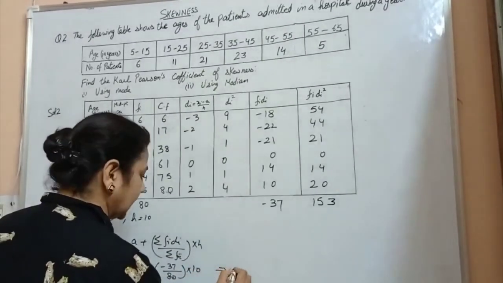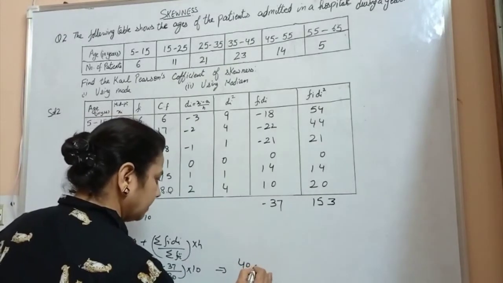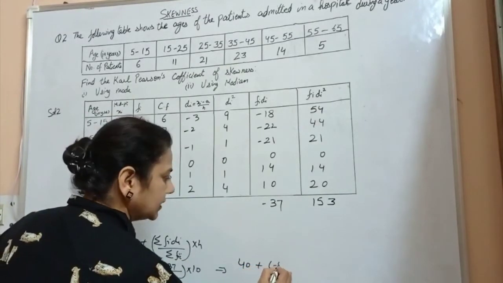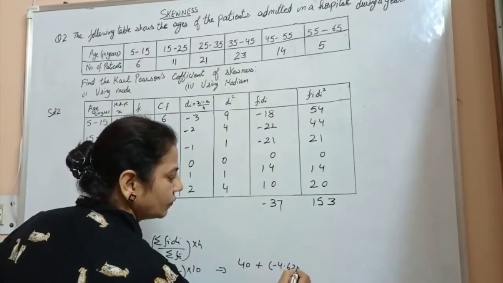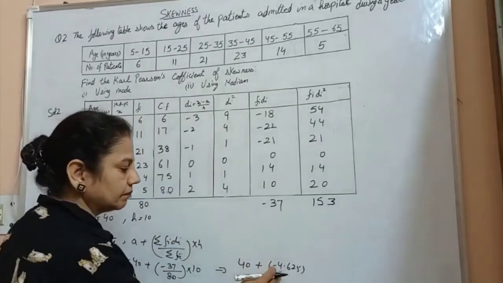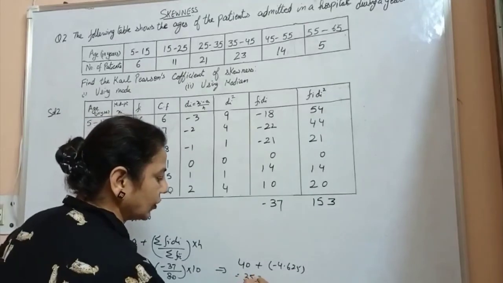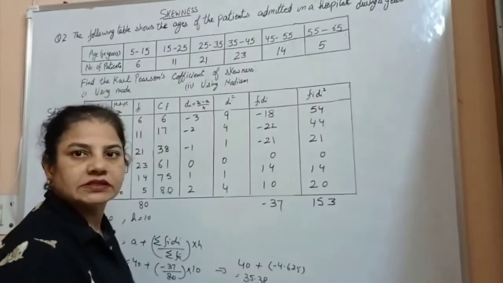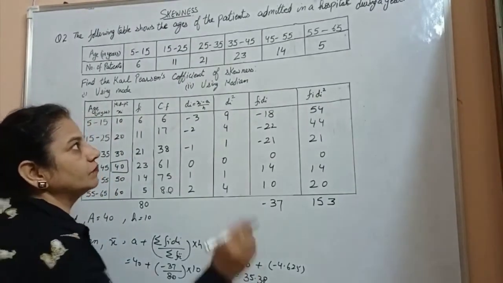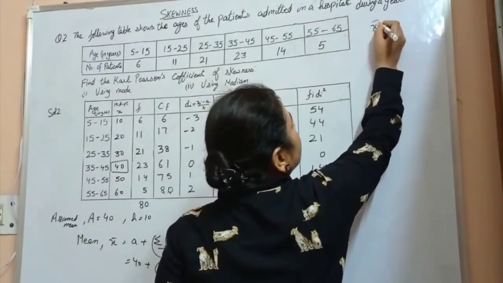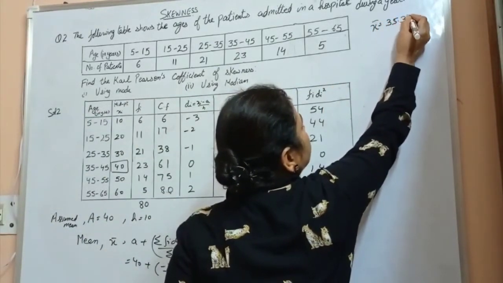This gives me the result 40 plus minus 4.625. If you add 40 minus 4.625, the result is 35.38. So the mean is 35.38. We will write over here mean as 35.38.